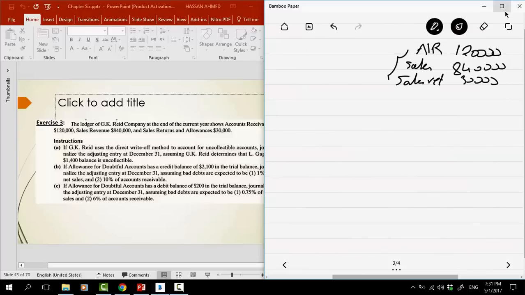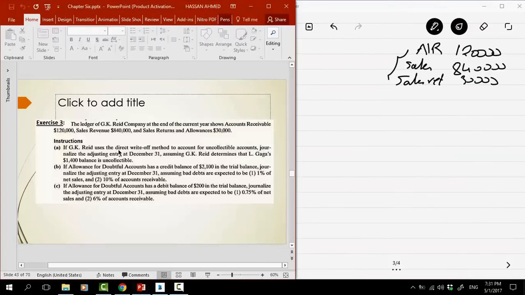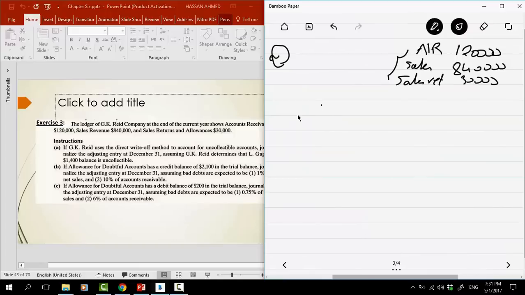Required number 1 or A, assume that the company used the direct write-off method, and the company determines that 1,400 balance is uncollectible. Uncollectible means it will not be collected.